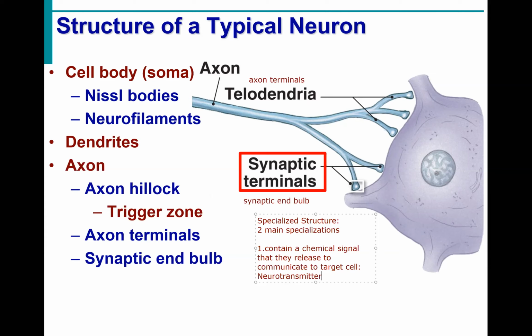There have been close to 100 different neurotransmitters that have been discovered and identified. We have talked about one of the most common ones, and of course that most common one is acetylcholine. So that's one example. But like I said, there are close to 100 different neurotransmitters that have been identified.